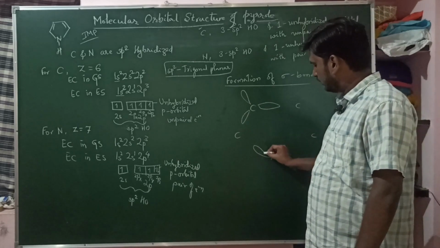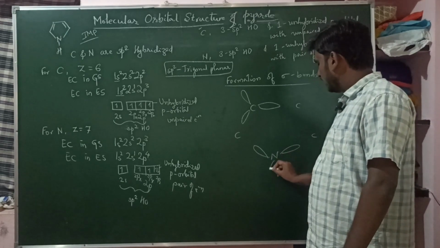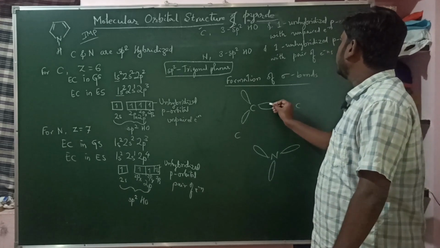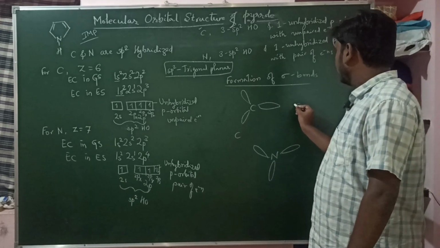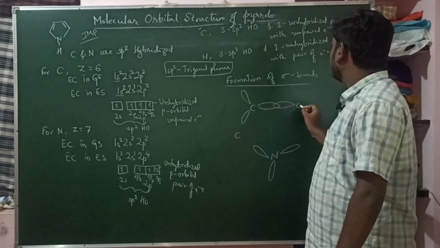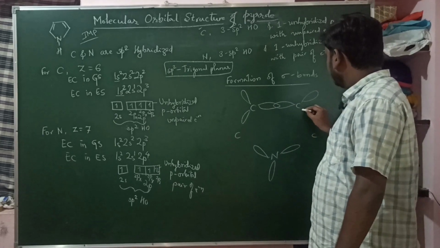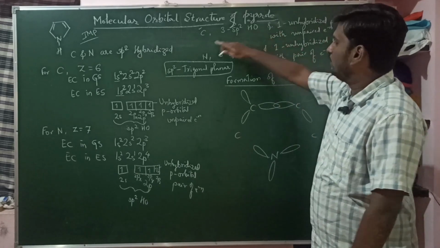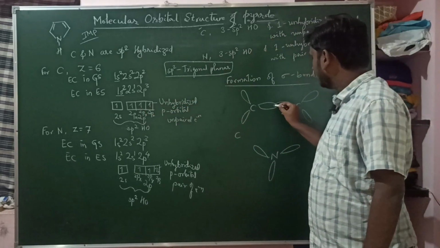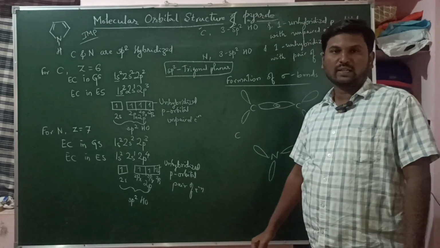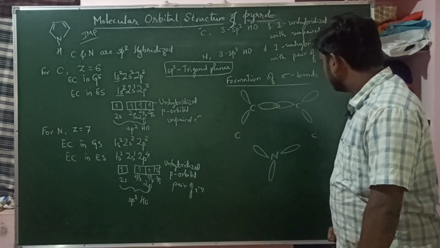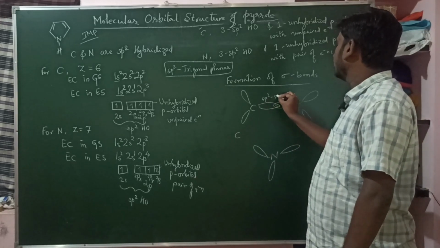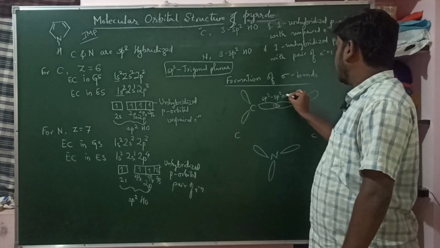One of the sp2 hybrid orbitals of carbon will overlap with another sp2 hybrid orbital of carbon, each containing an unpaired electron. Both get paired up, forming a carbon-carbon sigma bond. This overlapping is sp2-sp2 overlapping.